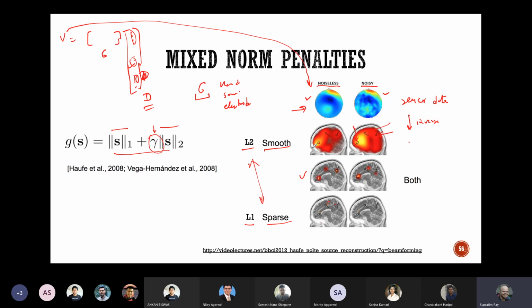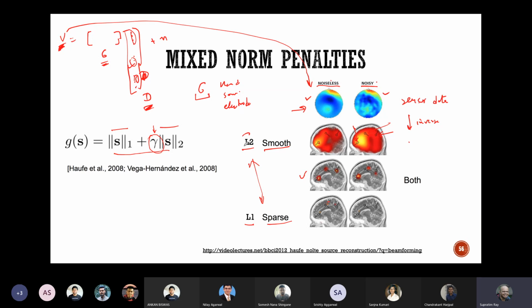So I first had a particular D for these 3 dipoles. From there, using the forward model, I generated V, both G times D, which is here, and G times D plus some N, which is here. And now, given V and the knowledge of G, I'm trying to estimate D back, which is my inverse problem.